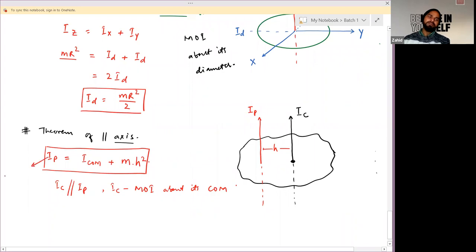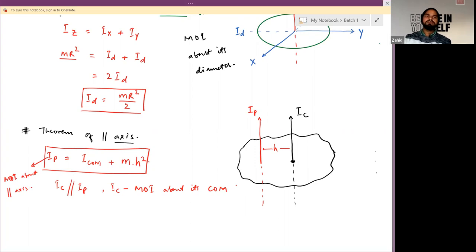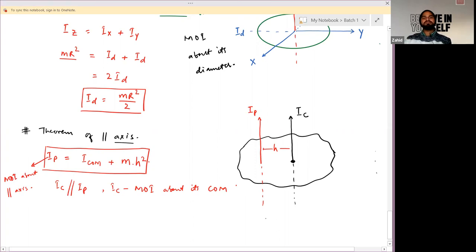IP is moment of inertia about parallel axis.